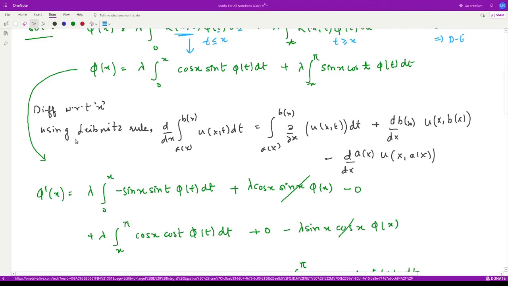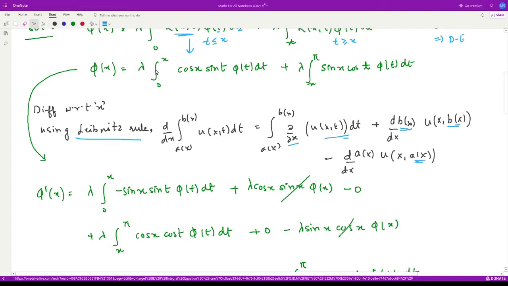For that we shall use the Leibniz rule: the integral of the partial derivative of the inner term, plus the derivative of the upper limit with respect to x times the rest of the term with t substituted by the upper limit, minus the derivative of the lower limit with respect to x times the term with t substituted by the lower limit.